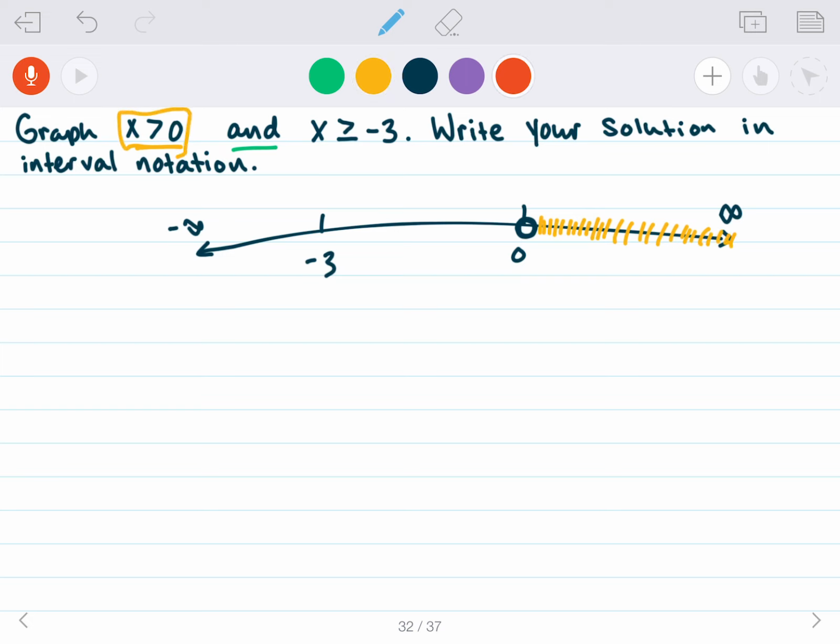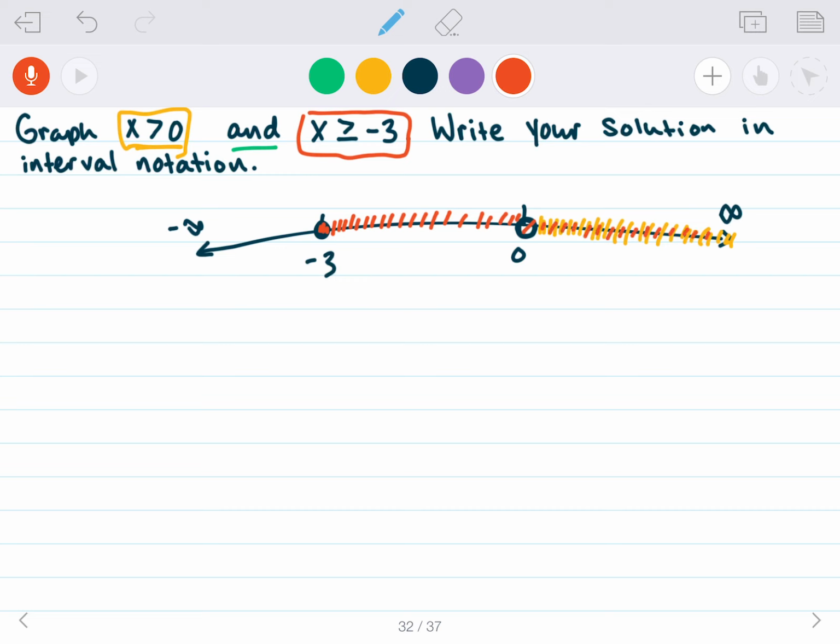And then the second set is x is bigger than or equal to negative 3. So this gets a closed dot at negative 3, and it gets some shading over it to include it. And everything bigger than negative 3 is getting included as well, including the dot right here. So I'll shade it there.